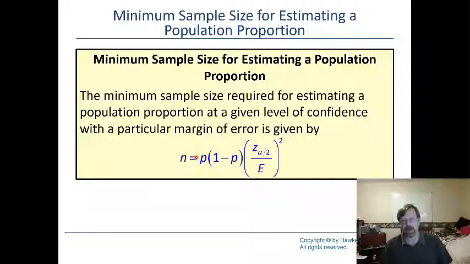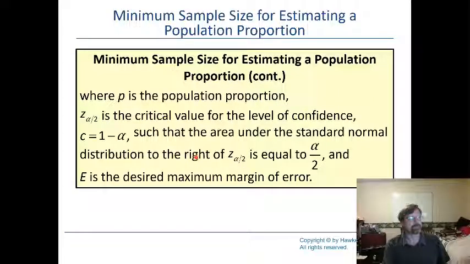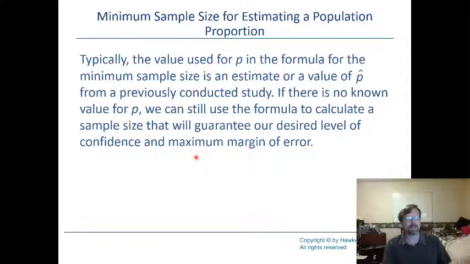What do you think it is? So as I said, typically the value for population proportion is an estimate or perhaps a sample value from a previous study or a similar study.